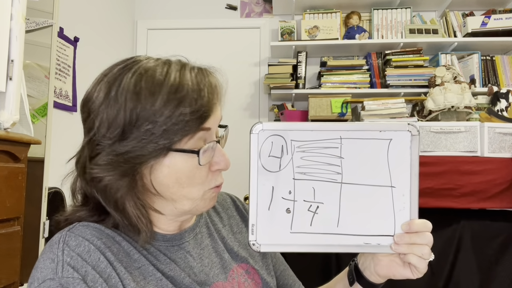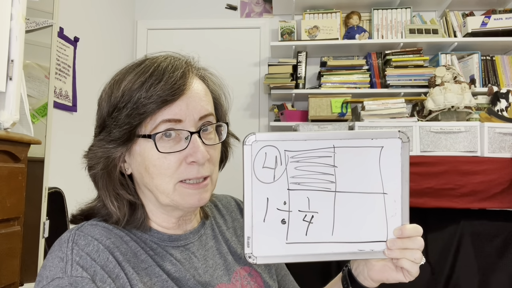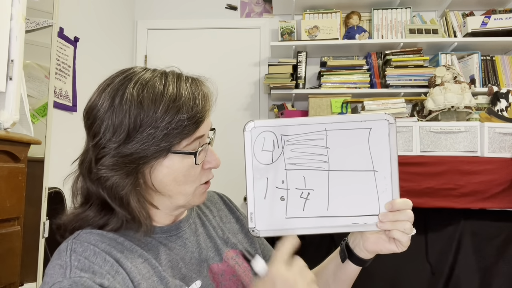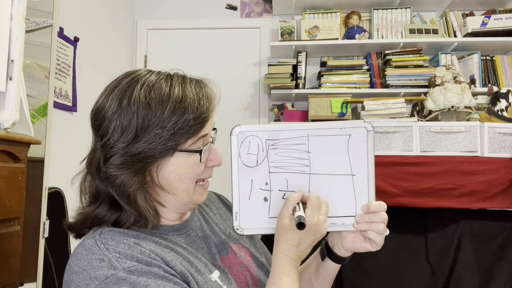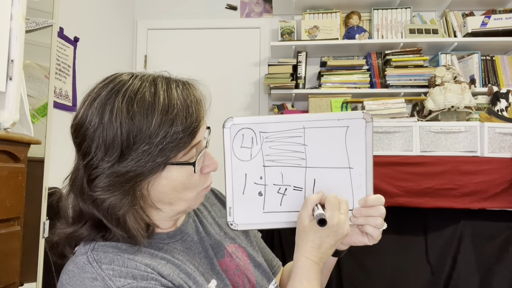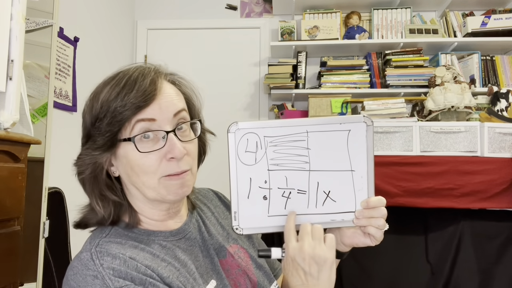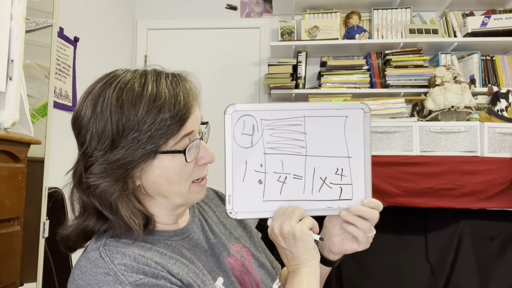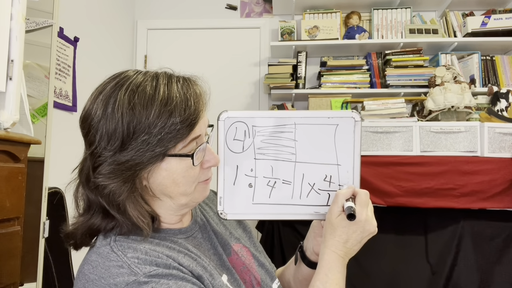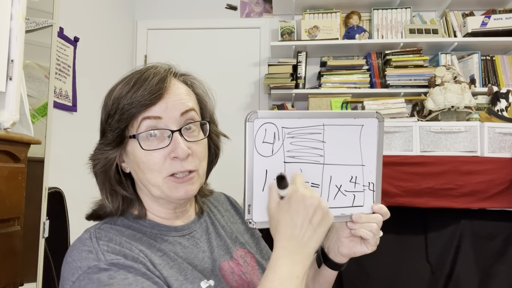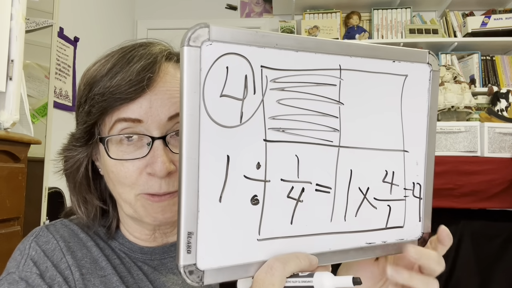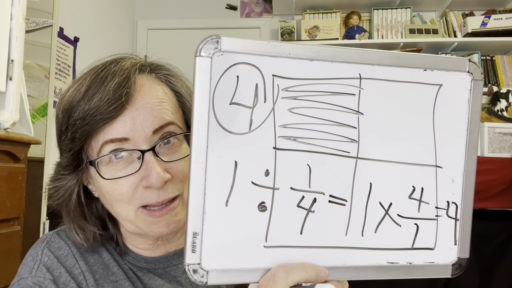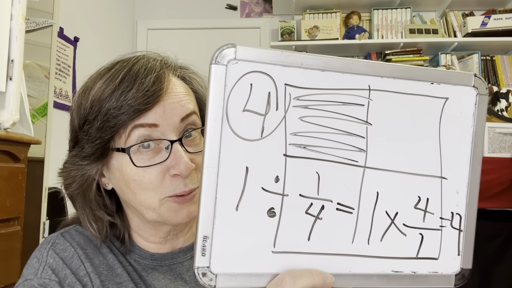Okay, well, when we are trying to divide by a fraction, we do that by multiplying by a reciprocal. So 1 divided by 1/4 is the same thing as 1 times the reciprocal, which is 4/1. So 1 times 4 is 4, and that's what we intuitively knew was the answer anyway. Okay, so when we divide by a fraction, that is the same thing as multiplying by its reciprocal. Pretty cool, huh?